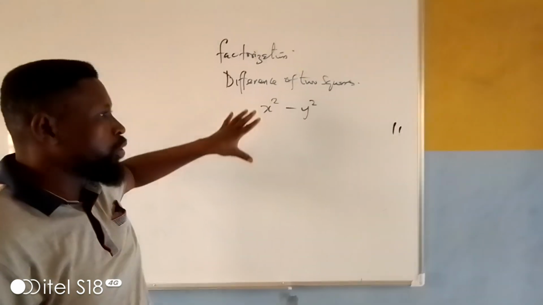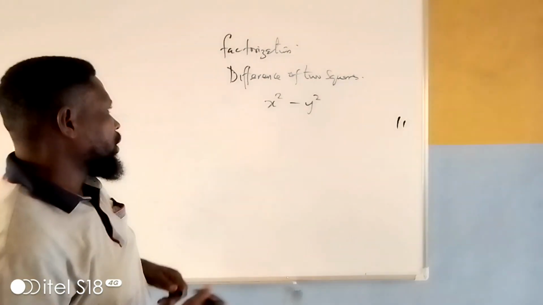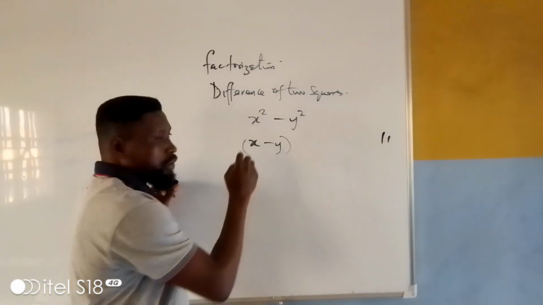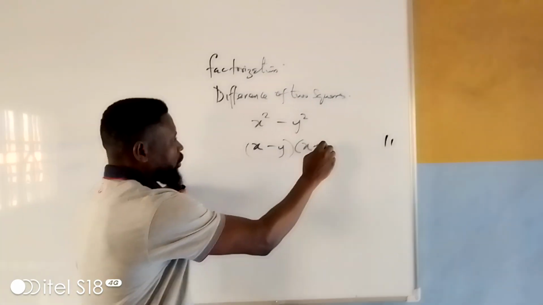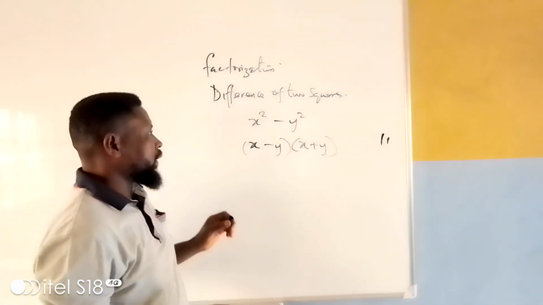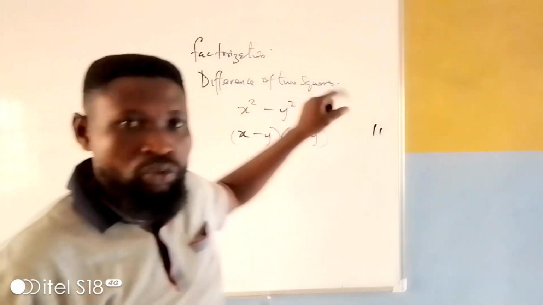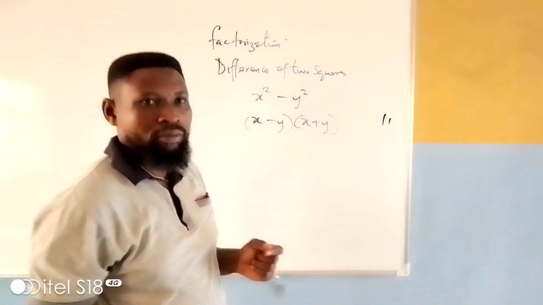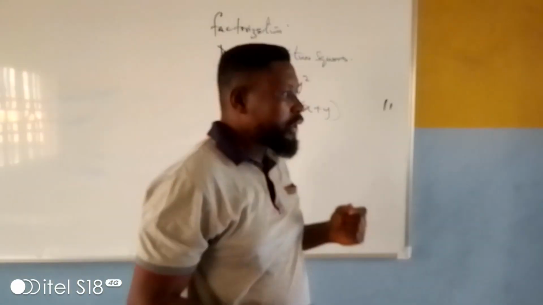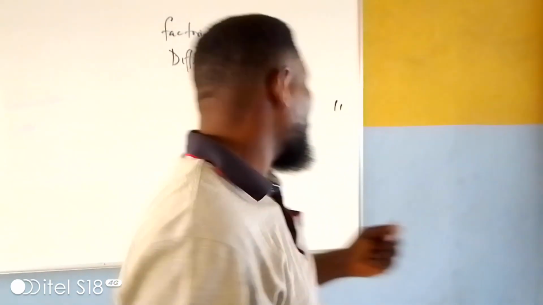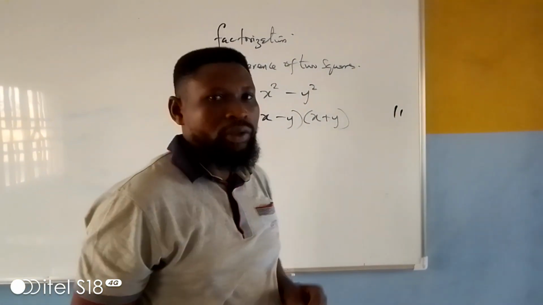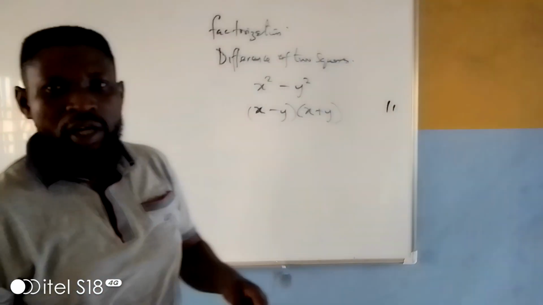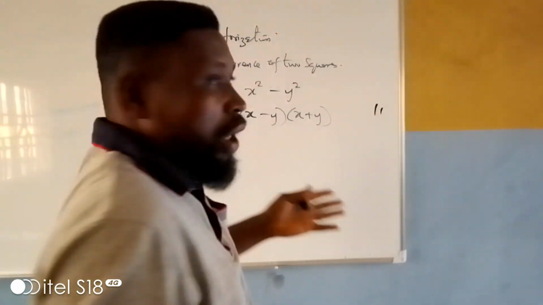But how do you express this? It can be expressed as x minus y bracket x plus y. That is, x squared minus y squared can also be written as x minus y brackets open and close x plus y.